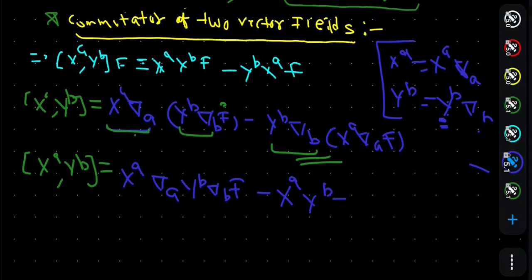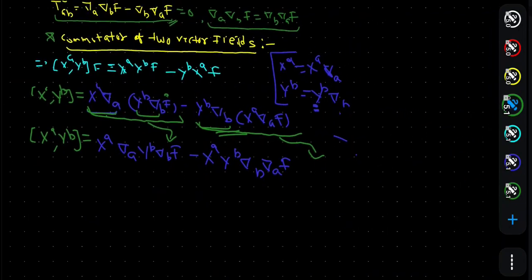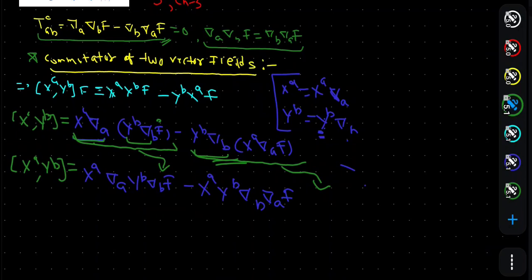Okay, y^b, then here will be b then a, operating on this particular function f. So don't confuse, the expanded part of this is exactly this. Now we are going to write the expanded part of this here. It is quite a lengthy term, but we will figure it out. Okay, so this is the case here.